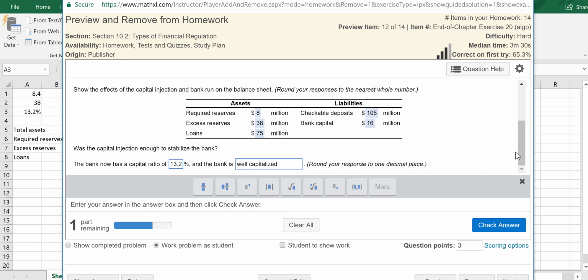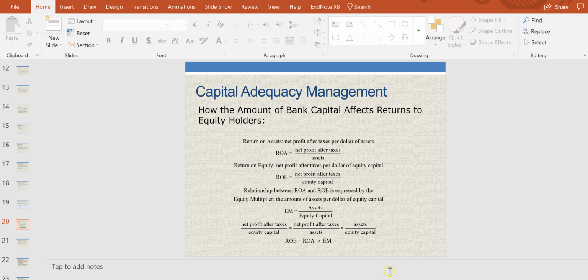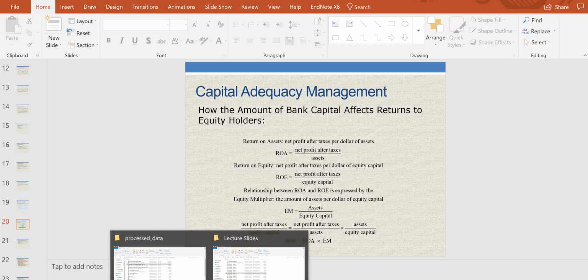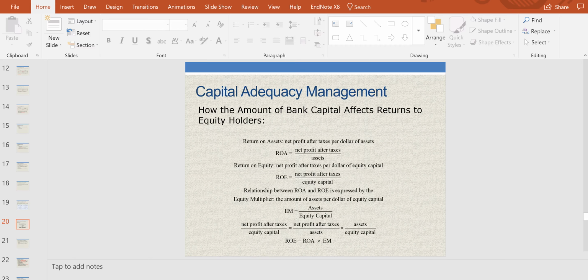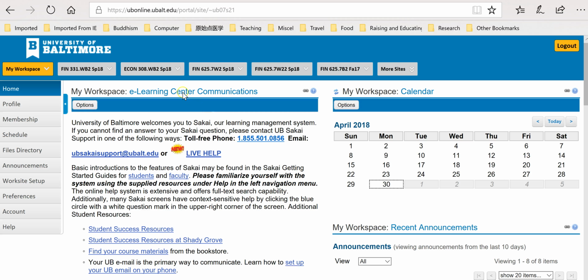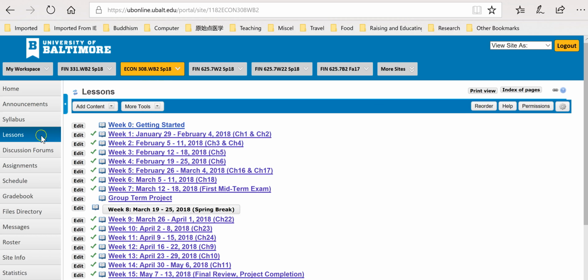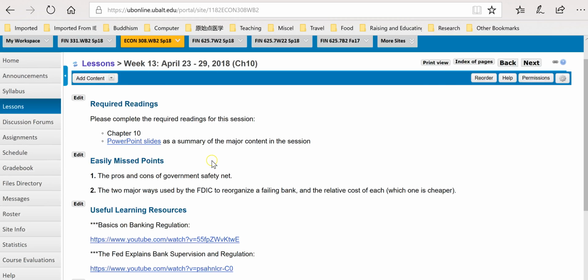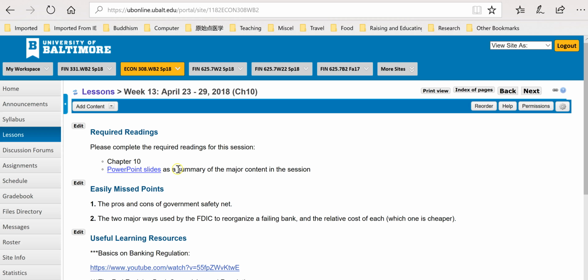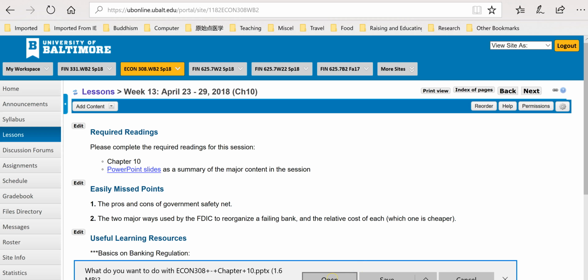So how do you determine whether this is well capitalized? That information you can find from the book or from my PowerPoint lecture slides. If you click on my PowerPoint lecture slides, chapter 10, you can find the same slides from my weekly lessons here. So this is the same as what I just clicked on my hard drive.